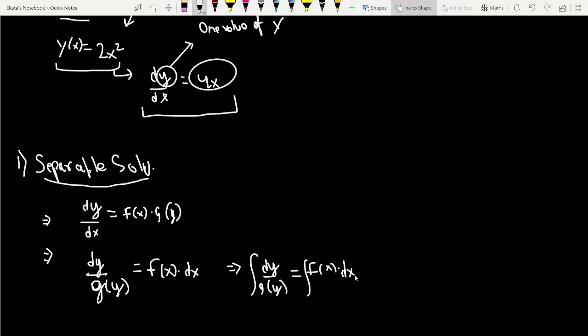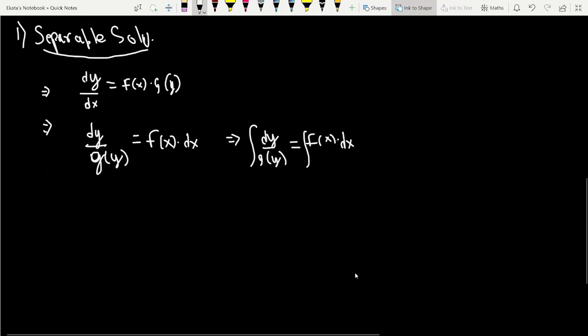Here is an example, so that you can understand it in a better manner. Let's take dy by dx equal to, suppose, 6x cubed. This equation is equivalent to the previous form, but here there is only an x term, not a y term.